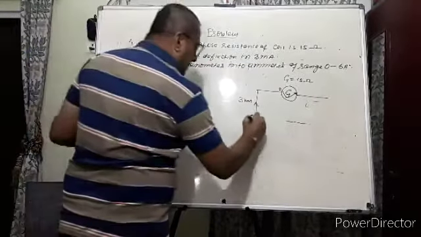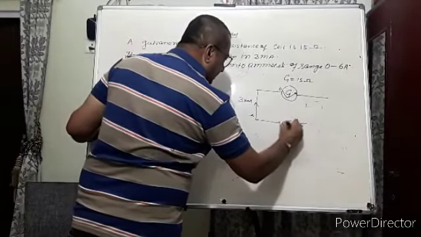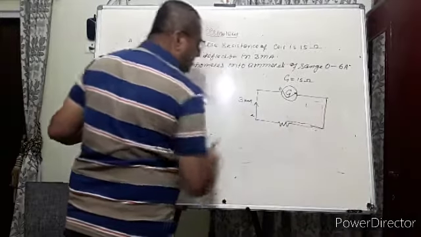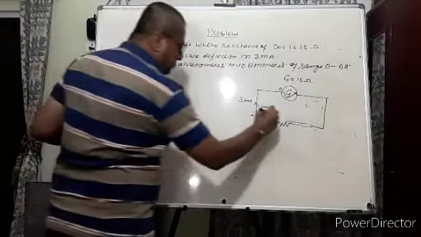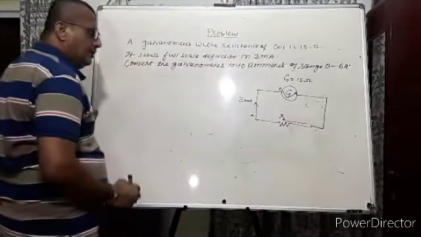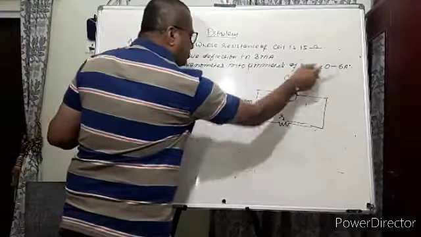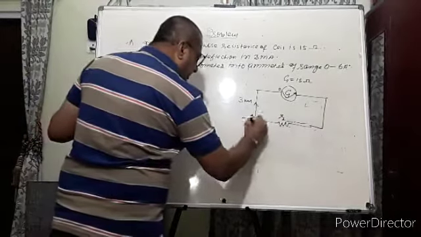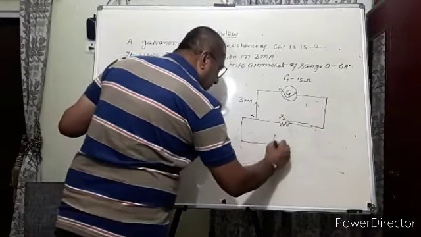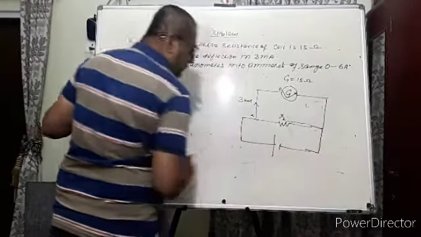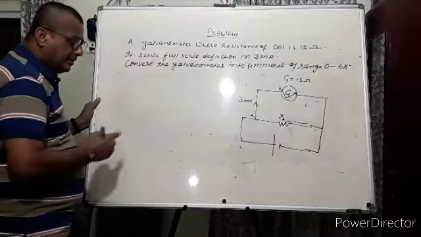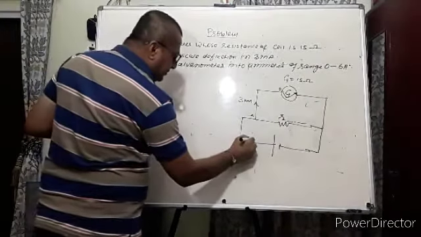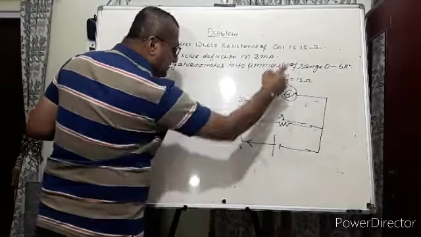So we have to connect a resistor, called a shunt R, parallel to the galvanometer. The range of this ammeter is 0 to 6 ampere, meaning we have to connect a battery which gives 6 ampere current.